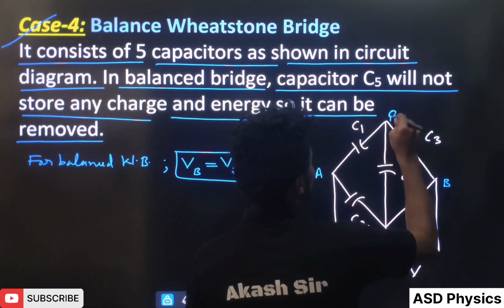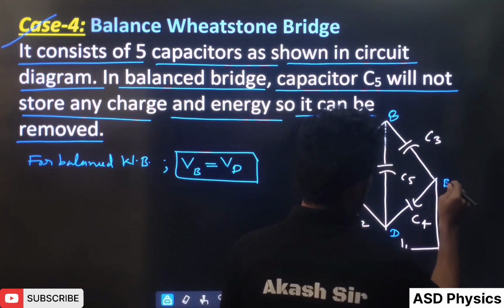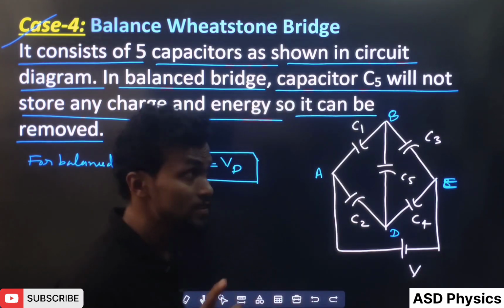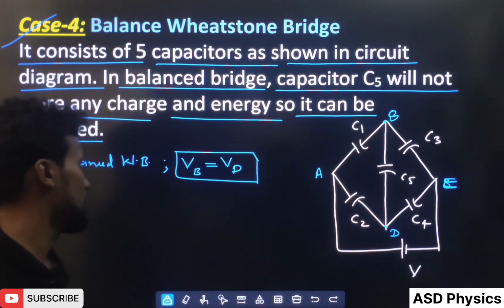I have labeled the points A, B, D and E, because I cannot use C here. So the potential of point B and the potential of point D will become equal, VB equal to VD.